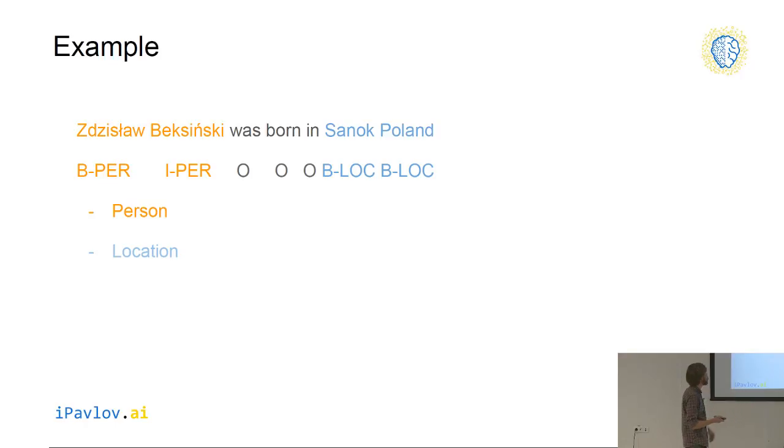You want to provide this as a whole name, and for this purpose, you use beginning and inside. If you have another person just after this person, you can resolve them. If you have a number of names standing one right after each other, you can extract different persons from the text. So the prefixes are just about resolving consecutive entities.